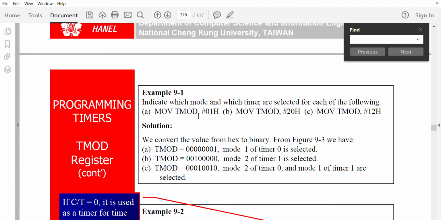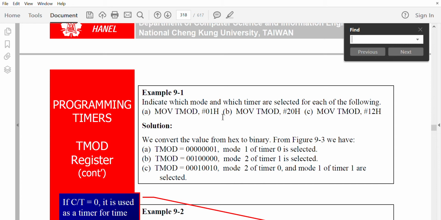So move TMOD equal to 01. TMOD, we know, has 8 bits. The higher order 4 bits are for timer 1 and the low order 4 bits are for timer 0. So you have gate, C bar T, M1, M0 for timer 1, then gate, C bar T, M1, M0 for timer 0.